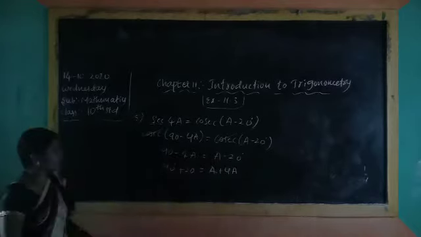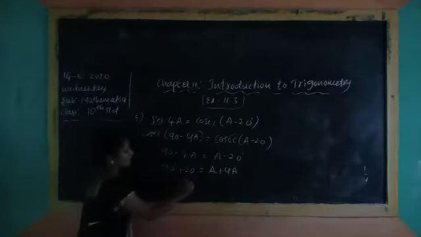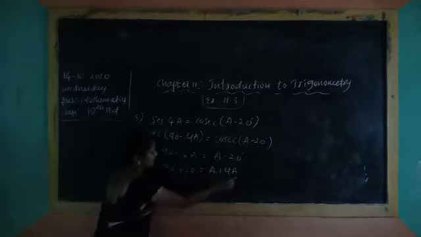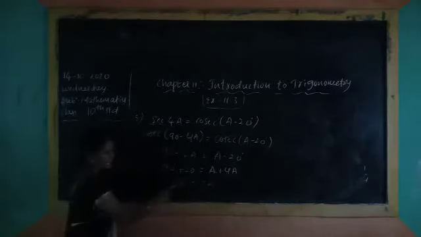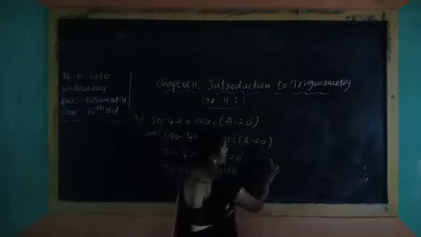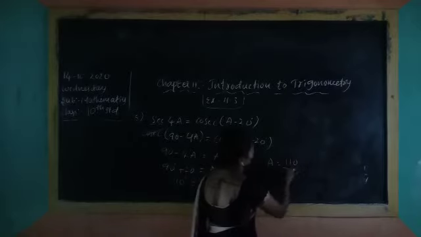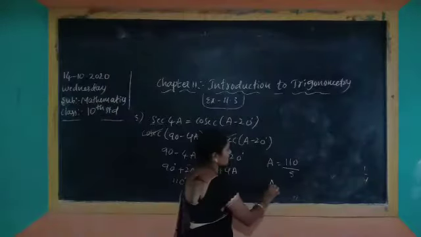So 90 degrees plus 20 degrees is 110 degrees, equal to A plus 4A, which is 5A. 5A is 110. I need A, so I write A is equal to 110 degrees by 5.